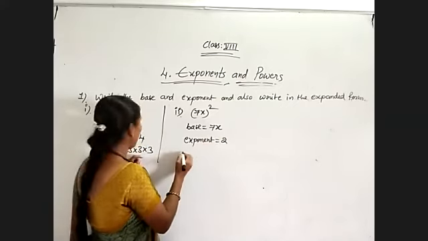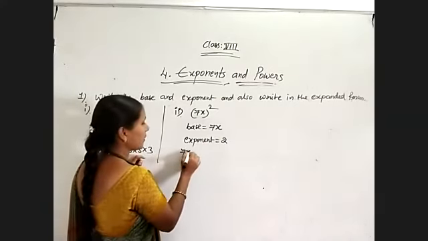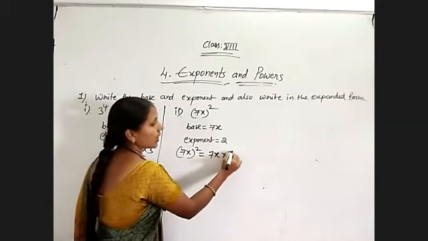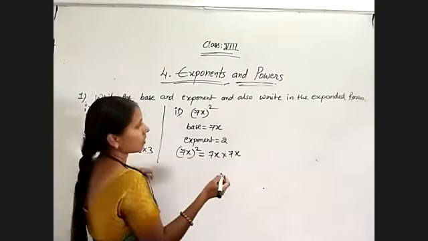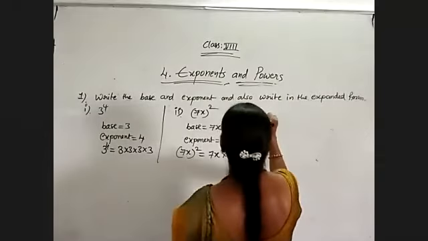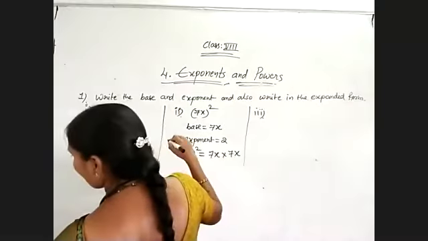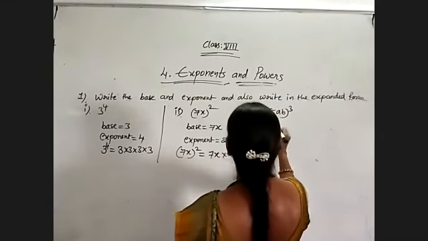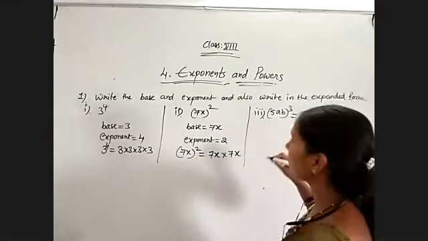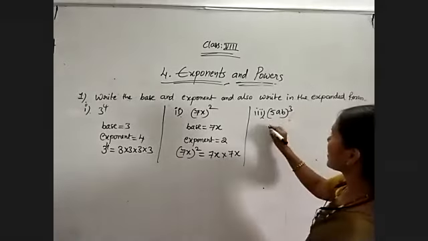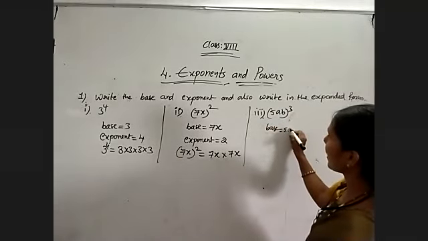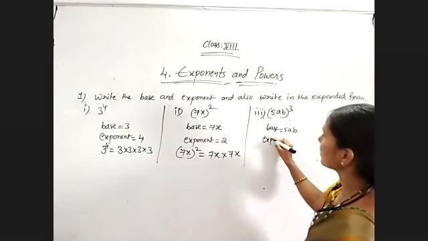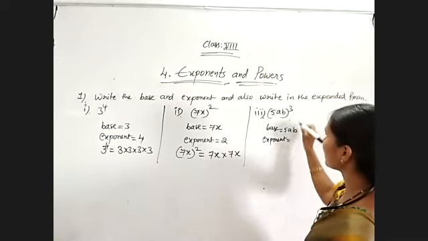And 5ab whole cube is equal to, so base is equal to 5ab and exponent is equal to 3.